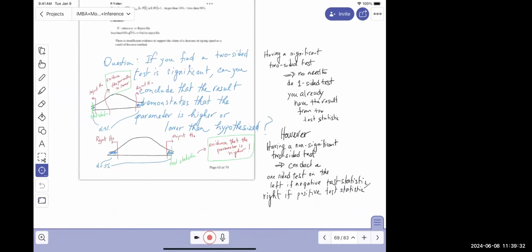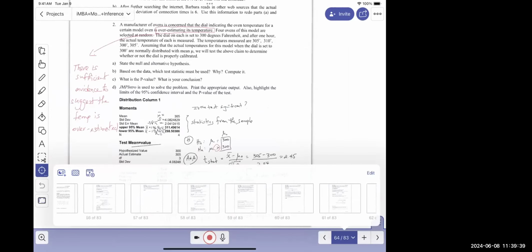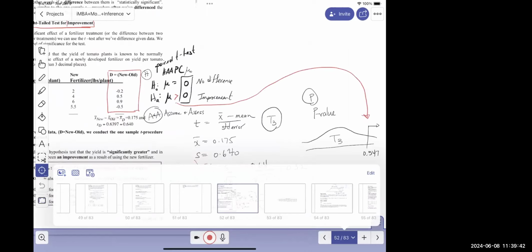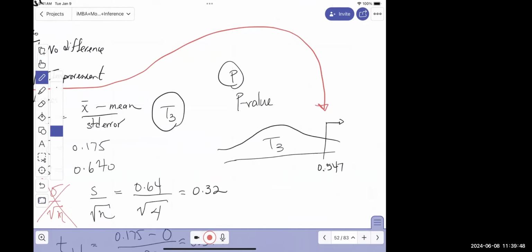Oh no, I missed it. Better do this way. So 0.765 was here, and this was 25% on the right.